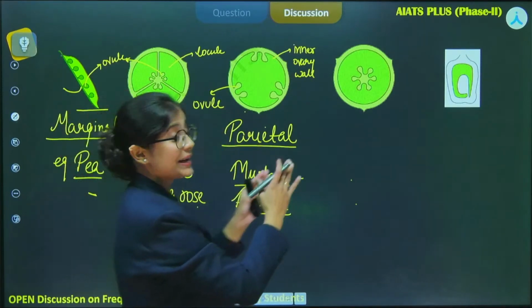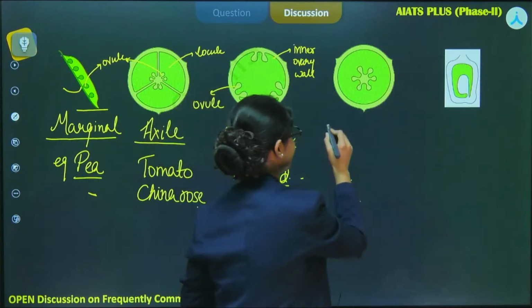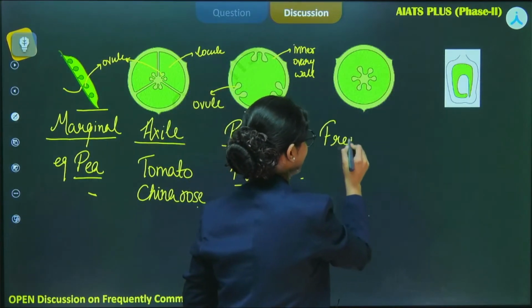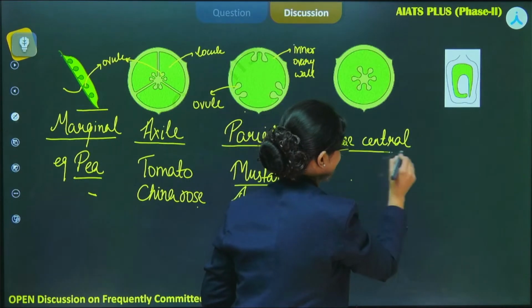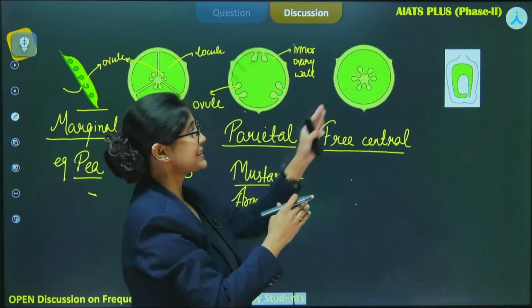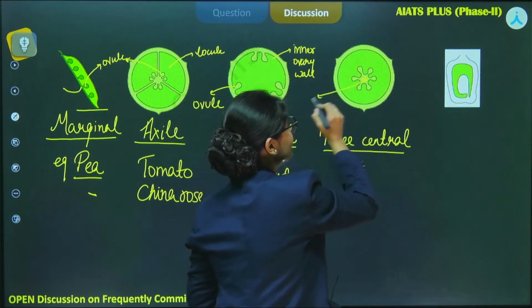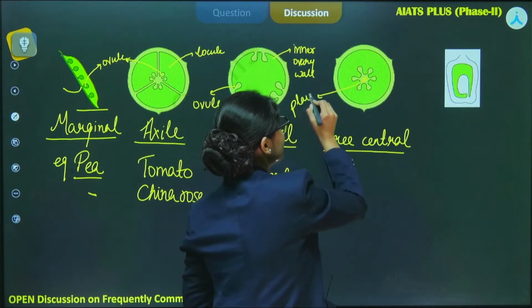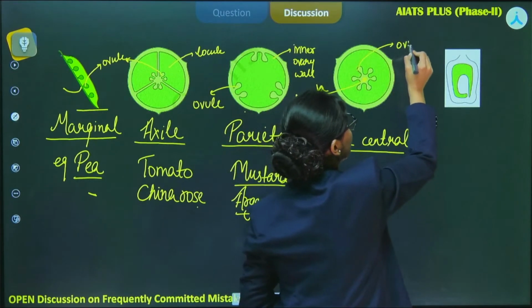Now, the next one is free central placentation. Why is it so? Because ovules are present on the free central axis. So this is the placenta on which ovules are present.